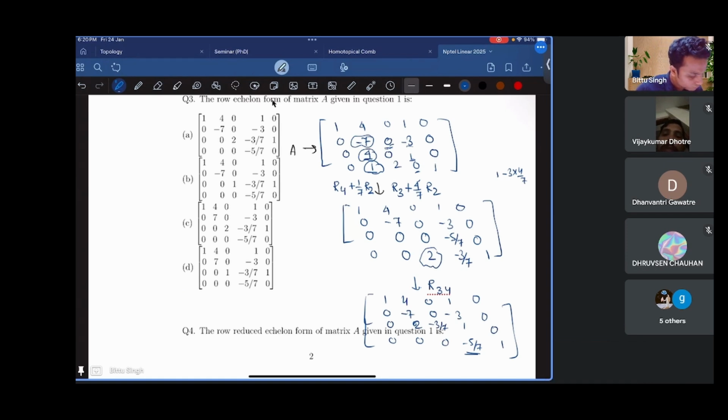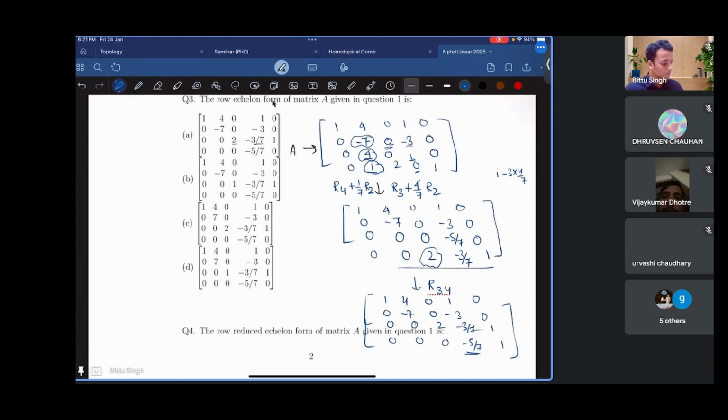So you can see first should be 0 minus 7. It is given for all answers. So third row should be 0 0 2 minus 3 by 7 1.